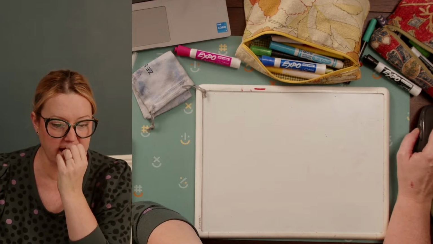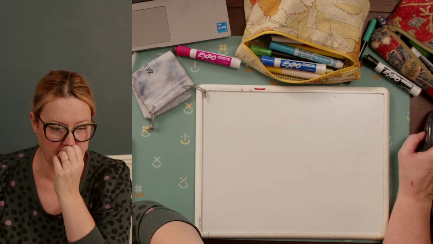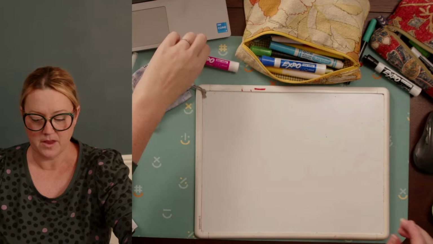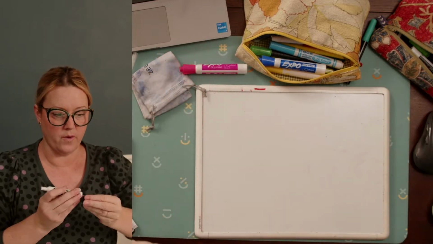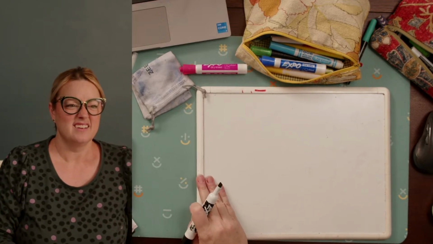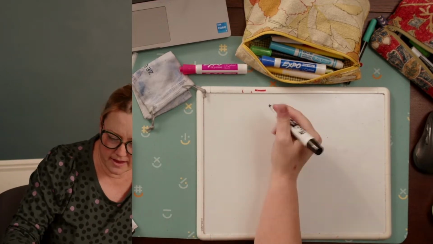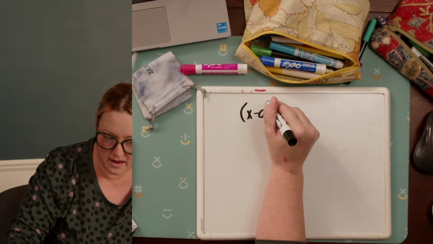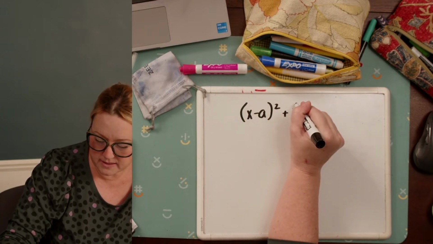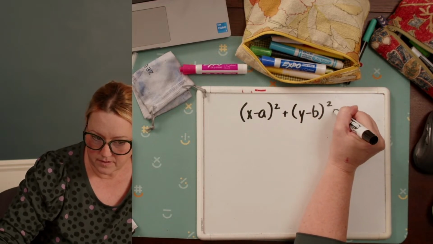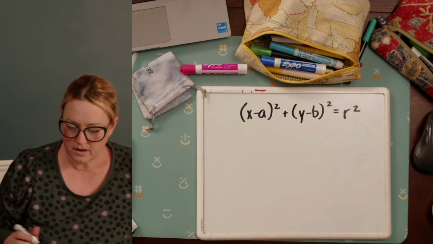Okay. So the standard form of a circle equation is x minus a squared plus y minus b squared equals r squared.